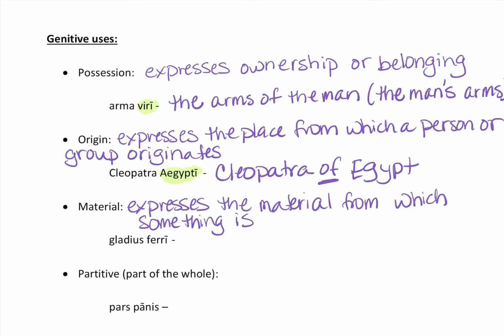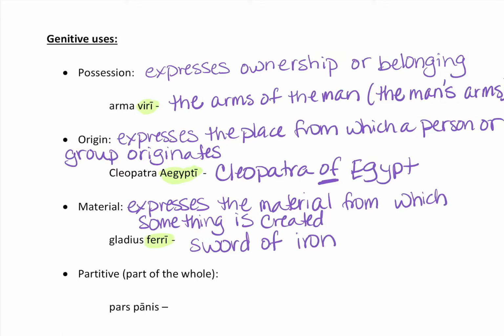So here we have the genitive in ferri, gladius ferri. So here we have an "of" again, sword of iron. Yes, you could say the iron sword, but sword of iron, just to show you that's the "of," what it's made of.